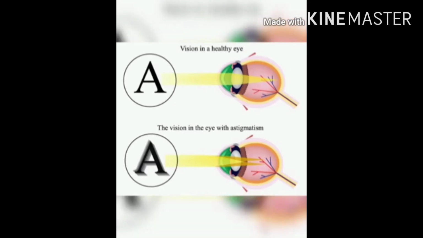Then, the inability of the lens to bring to focus both vertical and horizontal lines on the same plane. Lines in some directions are focused more sharply than lines in other directions.